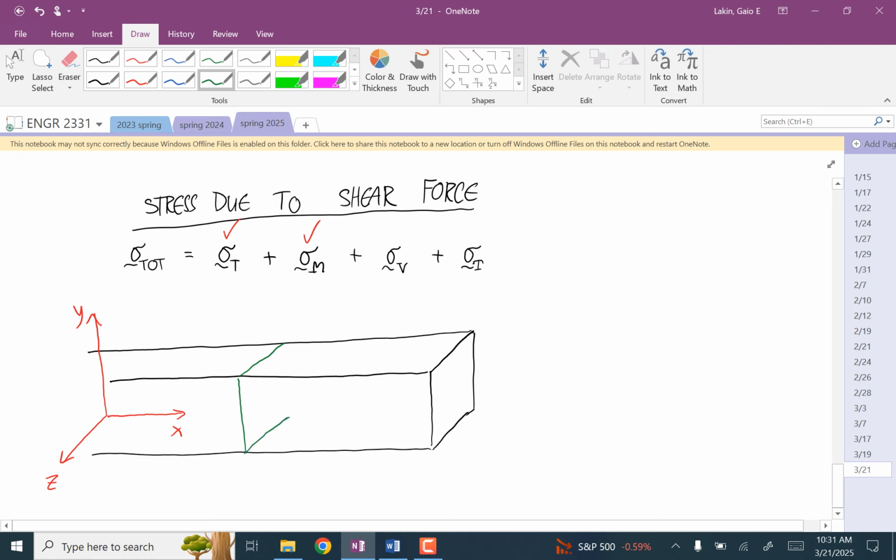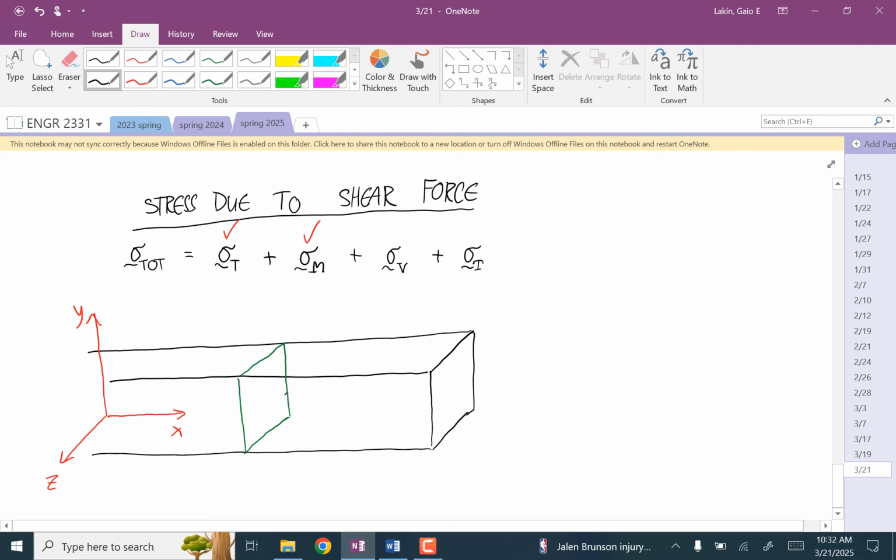If we're trying to figure out stresses along that cross section, here's what it looks like.